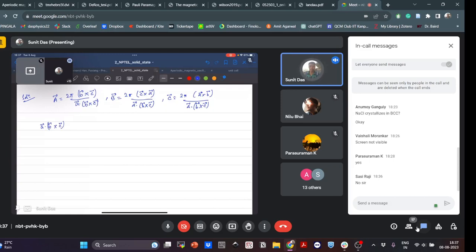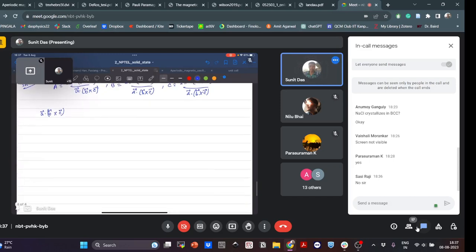That is common everywhere. So B cross C will be a by 2 minus X cap plus Y cap plus Z cap cross the vector c.